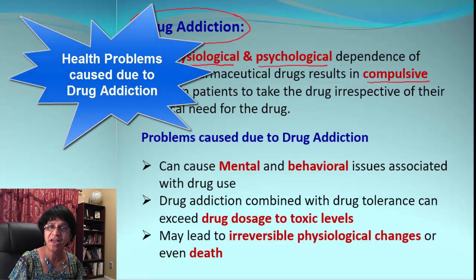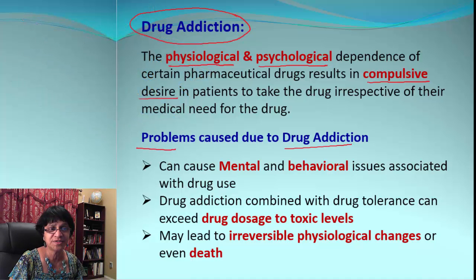What are the main health problems caused by drug addiction? One of them is, of course, mental and behavioral issues because of the drug use. If drug addiction is combined with drug tolerance, it could be a disaster, and it could lead to a drug dosage which will be pretty high, up to toxic levels.